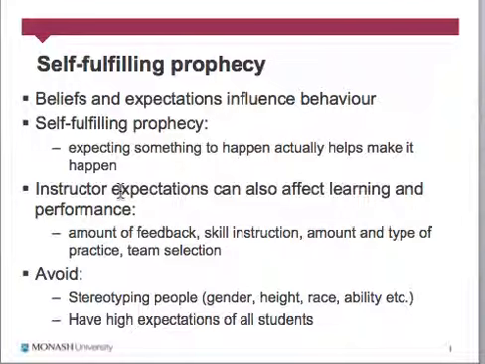So please avoid labeling kids before you actually know them. Avoid labeling participants. Avoid saying you look like you're going to be this kind of performer, and therefore my behaviour will reflect that.